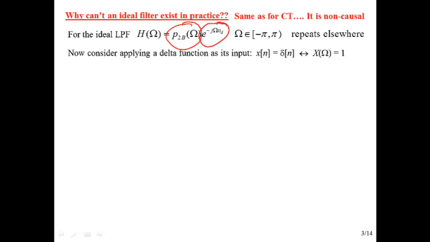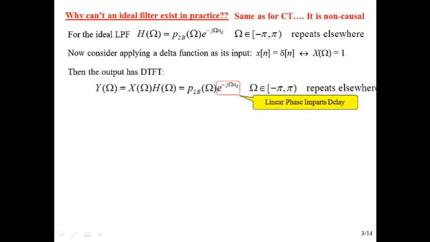We've got the e to the minus j omega n sub d to represent that linear phase response. And now we're going to apply a delta function to find the impulse response of this filter. Just like we saw for the continuous time case, we recognize that this does nothing more than impart a delay of n_d samples.